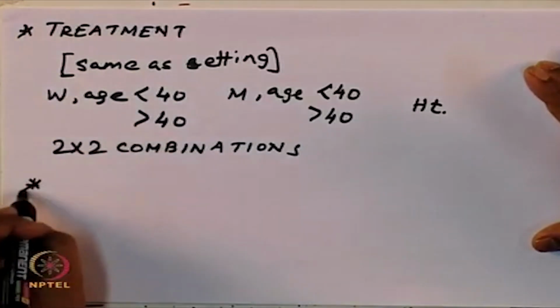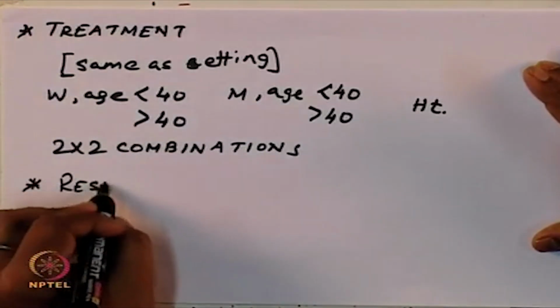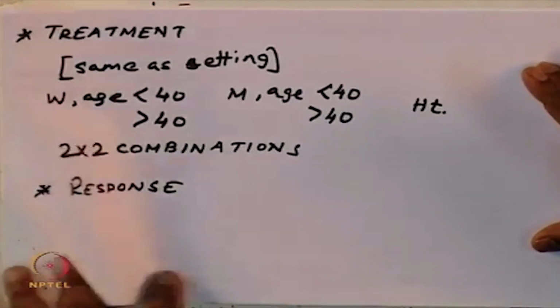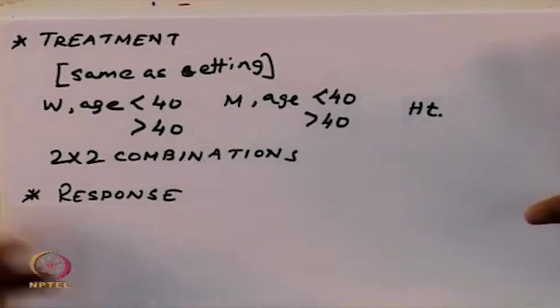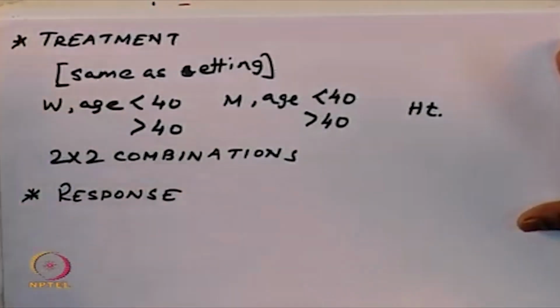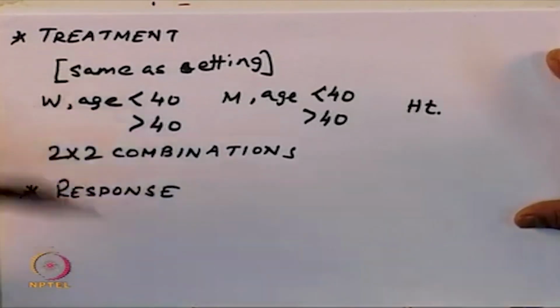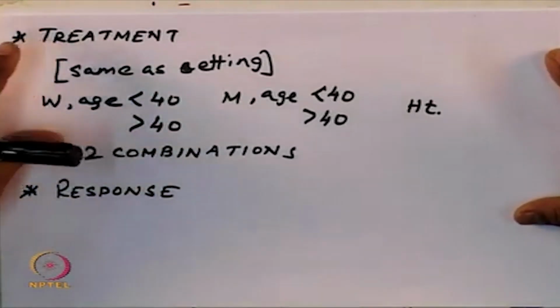And finally, the response is what you measure. So, ANOVA allows you to try to understand the role or effect of each of these individual factors on the overall variability in the population.